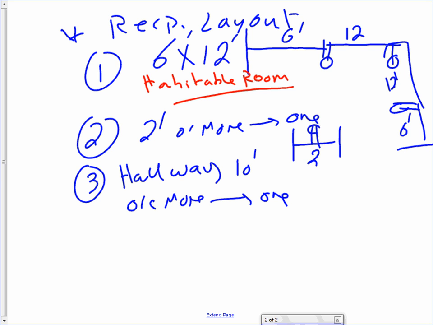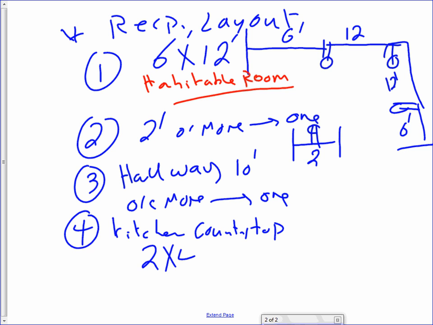Now, rule number 4. How about kitchen countertop? Kitchen countertop, very simple. The rule is 2 by 4. So on the countertop right here, 2 feet, one receptacle here, another 4 feet here.